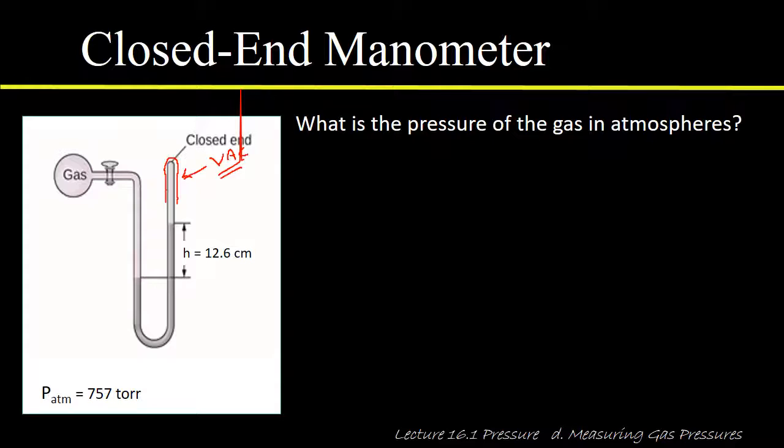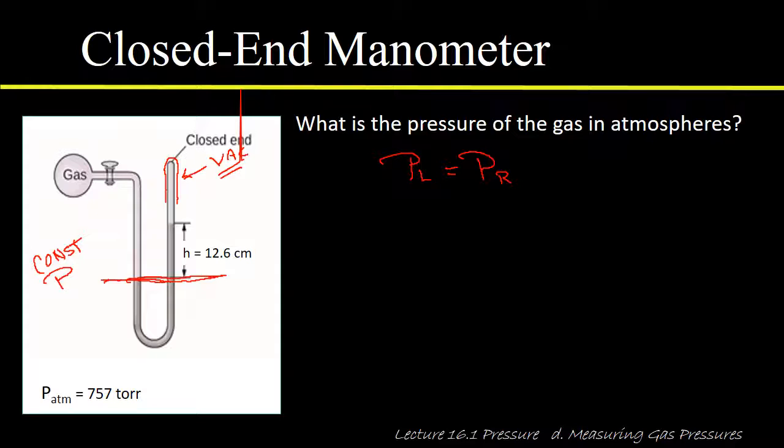Right? If we want to know what the pressure of the gas is, we'll do exactly the same thing we did before. Draw a horizontal line, even with the lower mercury level. And that line represents constant pressure. So we know that the pressure on the left is equal to the pressure on the right.